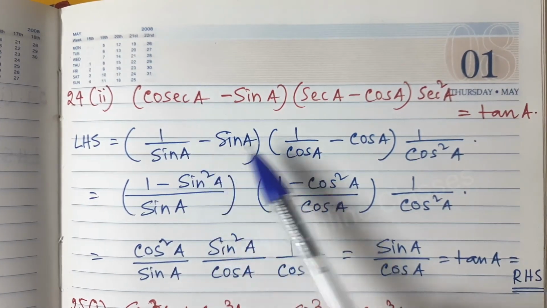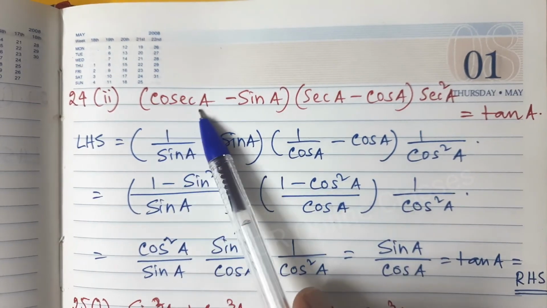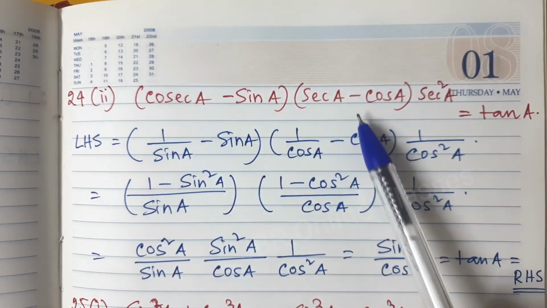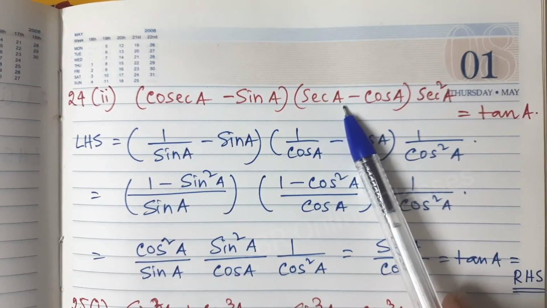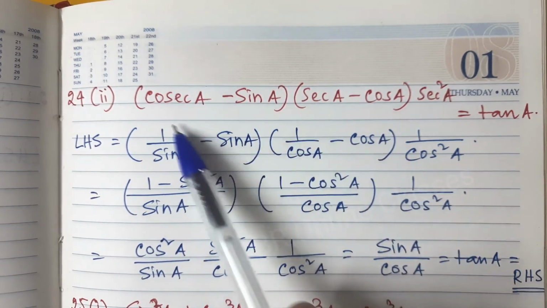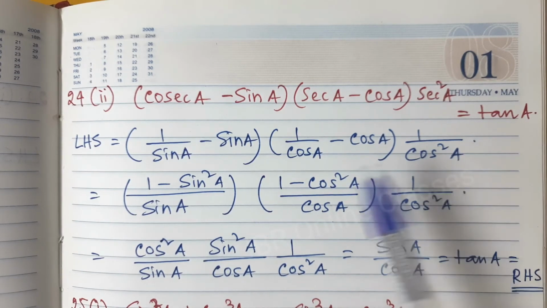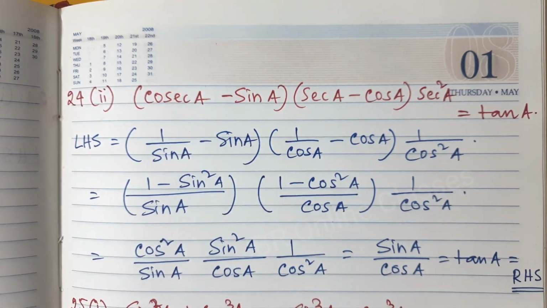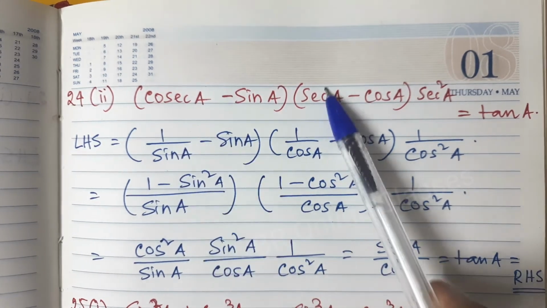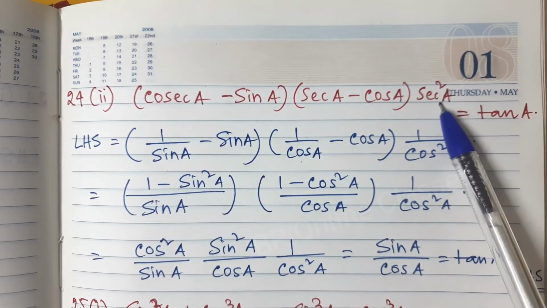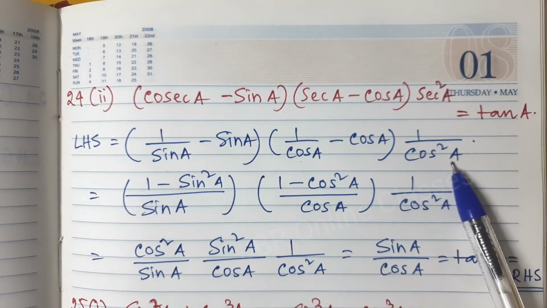Here you notice that cosec theta is present in the left hand side, sec theta is present in the left hand side, but they are not present in the right hand side. In that case we replace them and write them in terms of sine and cos. So cosec is 1 by sine, sec is 1 by cos. Similarly, sec square a is 1 by cos square a.